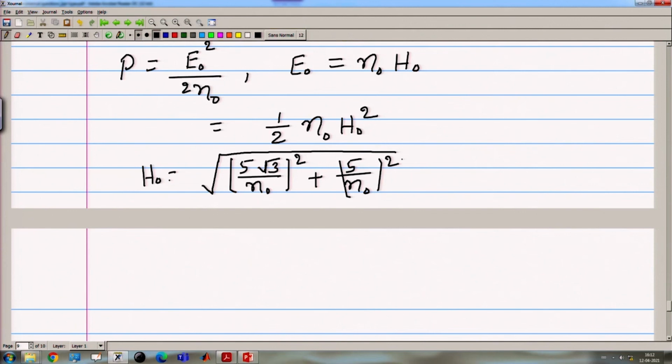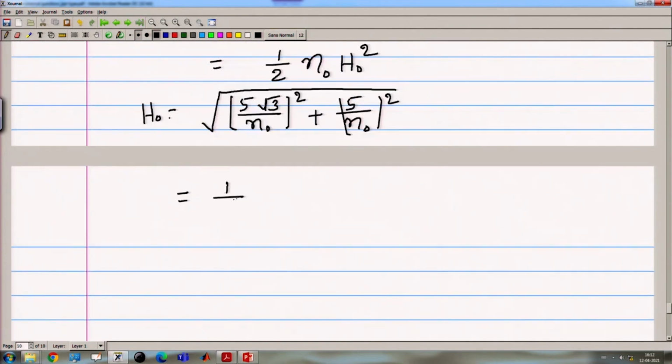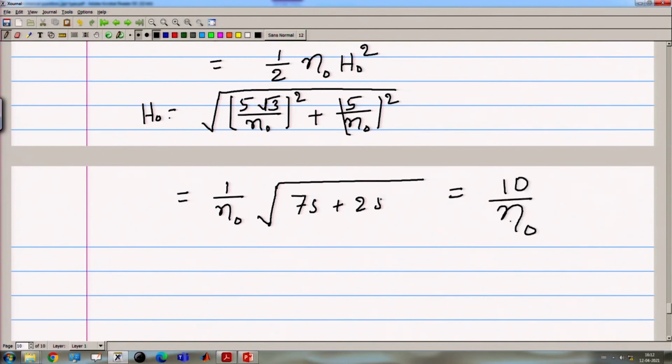After simplification we can take 1 by eta naught outside, square root of 25 into 3, 75, plus 25. So it will come 10 by eta naught. So, H naught will be 10 by eta naught.